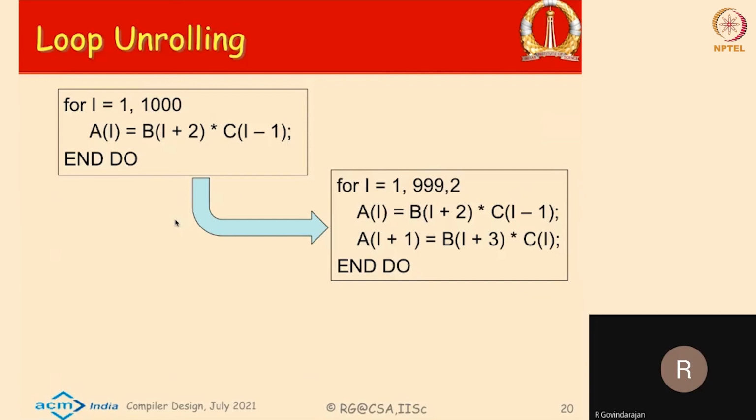The only thing that you have to be careful about when you do loop unrolling is that you iterate exactly the right number of times. If the values are not exact multiples, then you will have a few leftover iterations. For example, let's say that the original loop has to iterate 8 times, 1 to 8, and you are unrolling by 3.